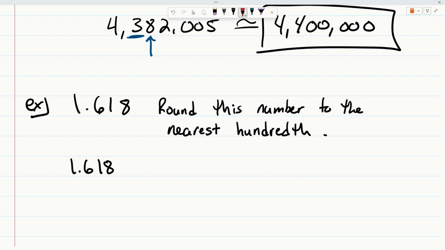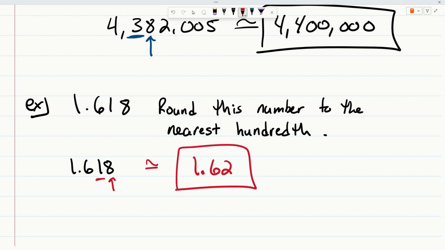Step 1, find the place value. We want the nearest hundredth. The 6 is the tenths. The 1 is the hundredth. So I'm going to underline that. Draw an arrow underneath the number 8, which is to the right. Now I make a conclusion. That 8 is definitely bigger than 5. So the 1 is going to increase to the number 2. And because we are rounding decimal places, we do not place any zeros. So we just leave it like that.